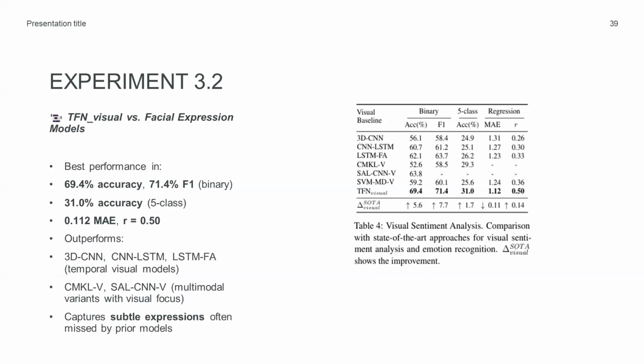Then comes experiment 3.2, where TFN visual is compared with facial expression models. For TFN visual, it achieves 69.4% accuracy along with a 71.4% F1 score in binary classification, 31% accuracy in 5+ classification, and 0.11 MAE and r of 0.50 in regression.